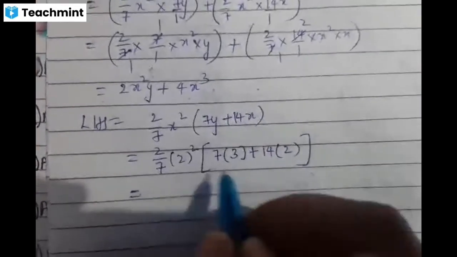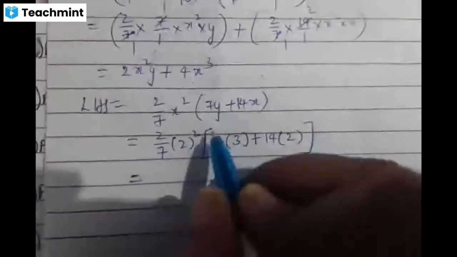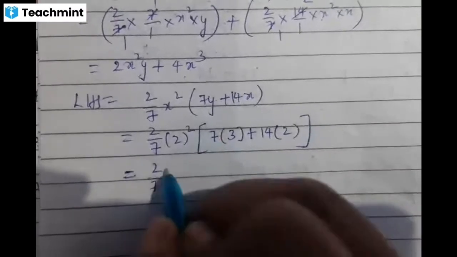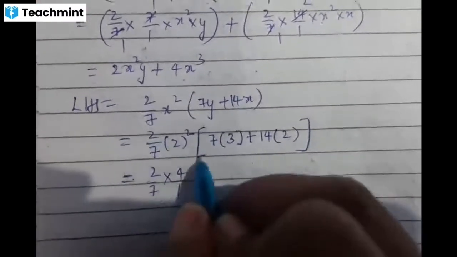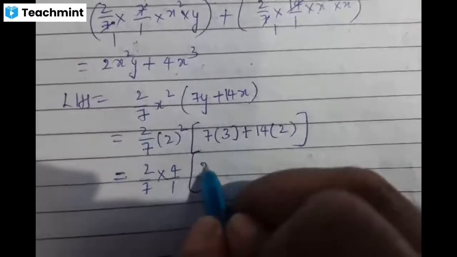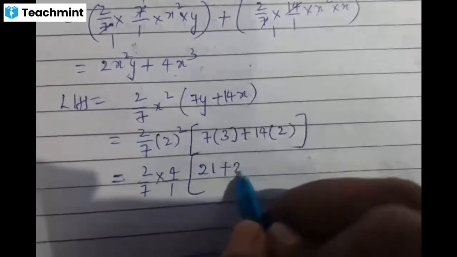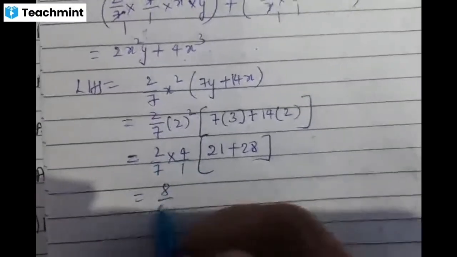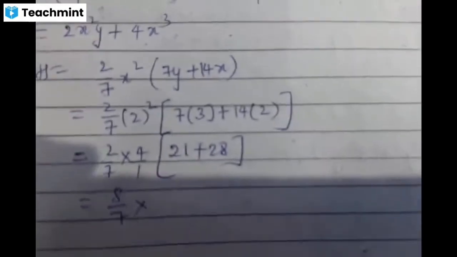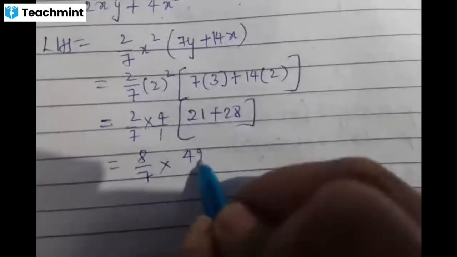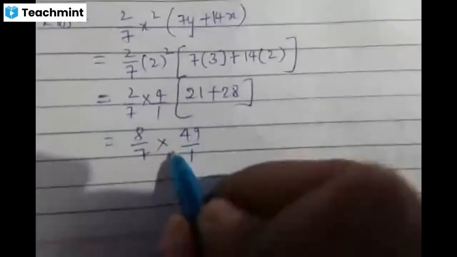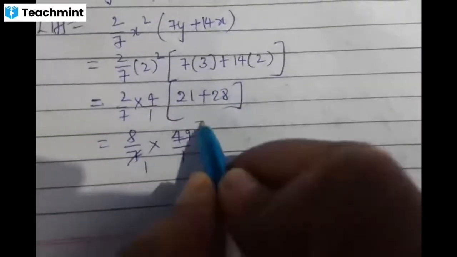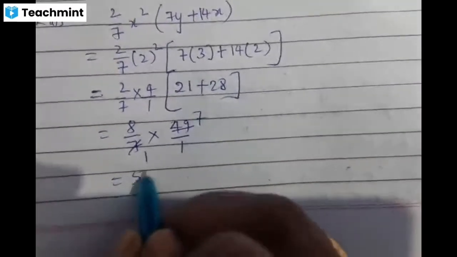Now remove the powers, children. 2/7, 2 square is 4. In the bracket 7 3s are 21, 14 2s are 28. Children, here 4 2s are 8 by 7 into. In the brackets you have 21 plus 28, which is equal to 49. I'll write it as 49 by 1. Cancel 7 7s are 49. 8 7s are 56. LHS you have got 56.